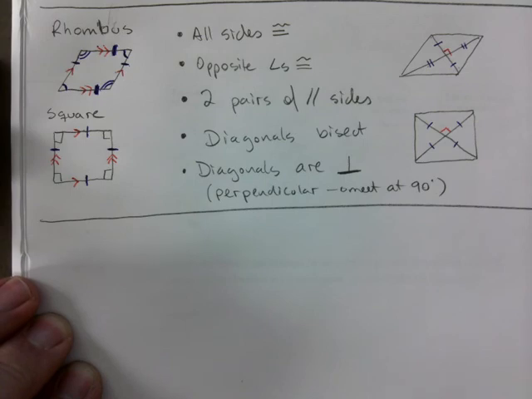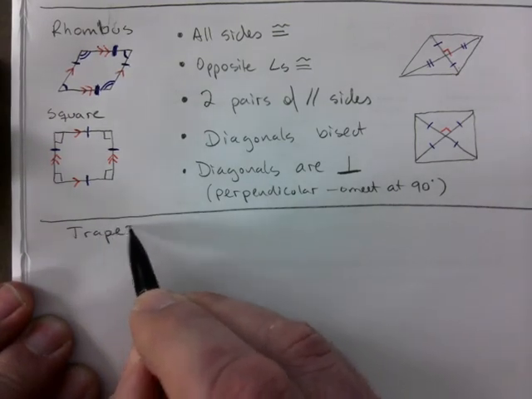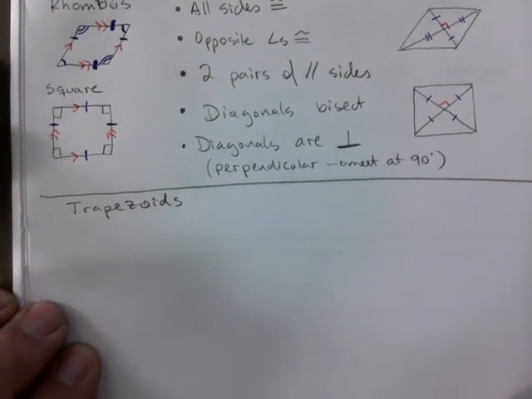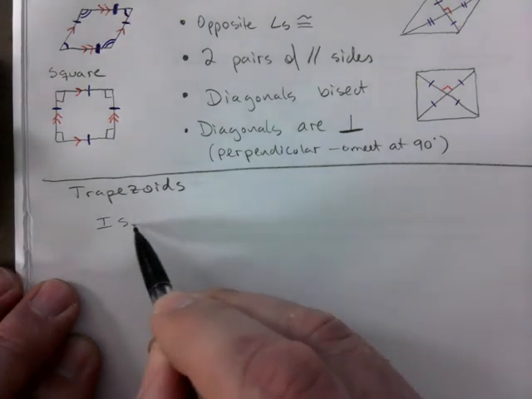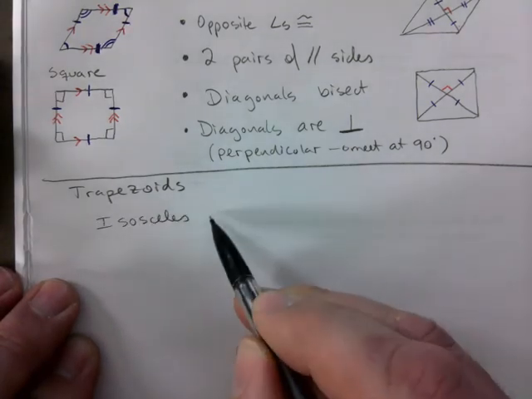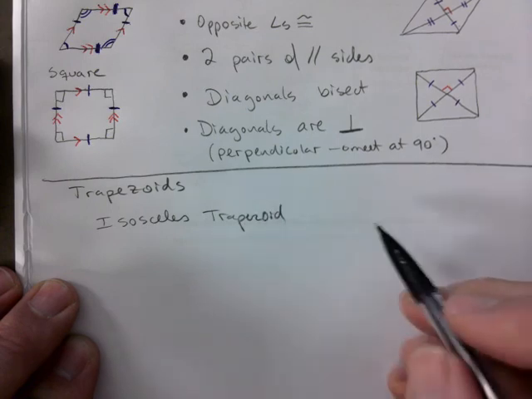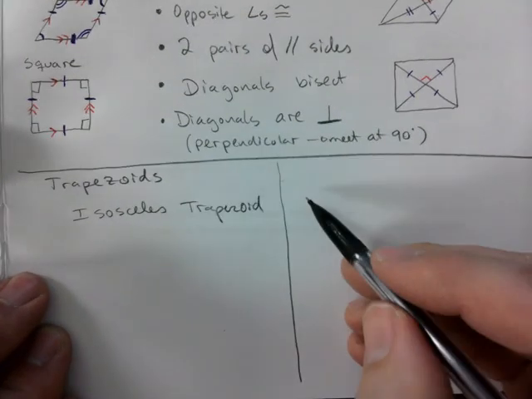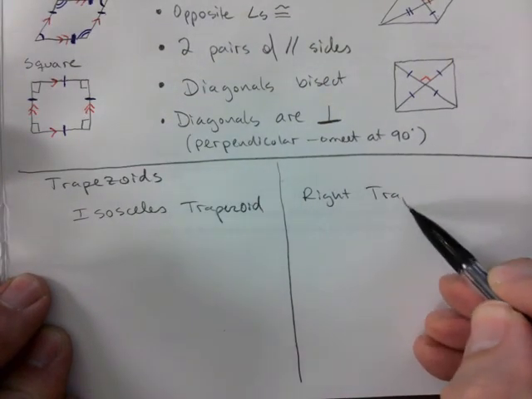Okay? The next one I'm just going to call trapezoids like this, and I will talk about the isosceles trapezoid. And so we're going to split that this way, and this is a right trapezoid.